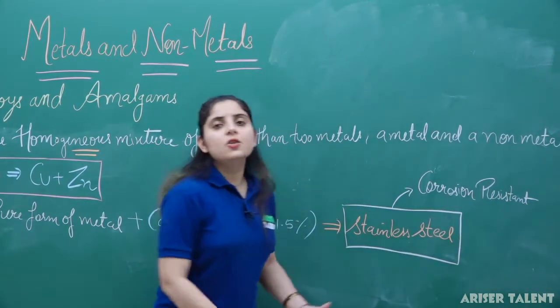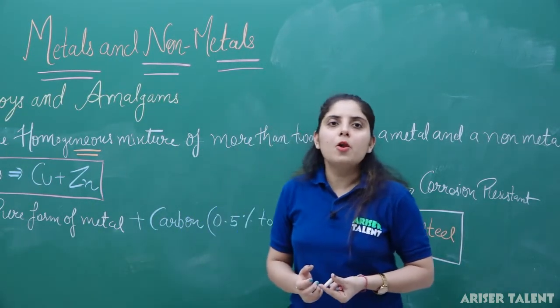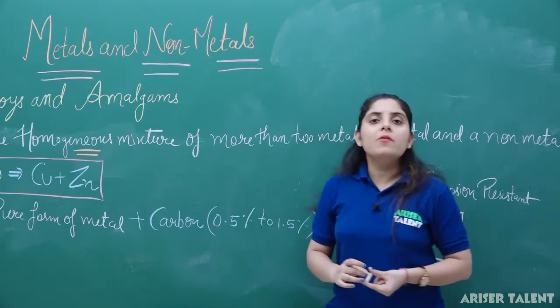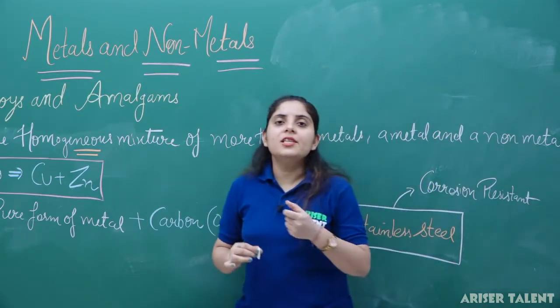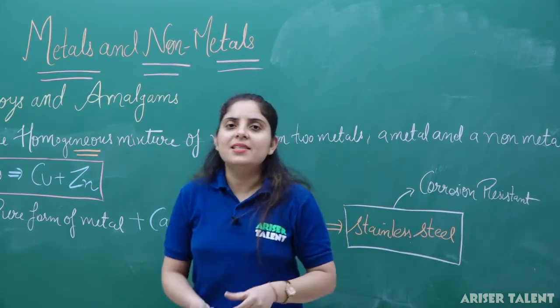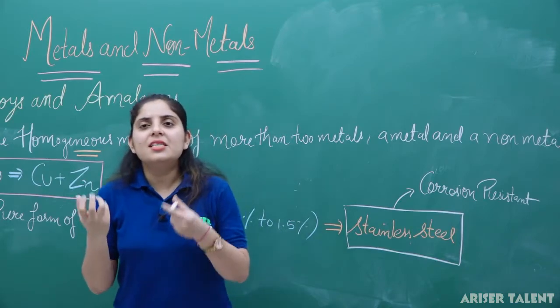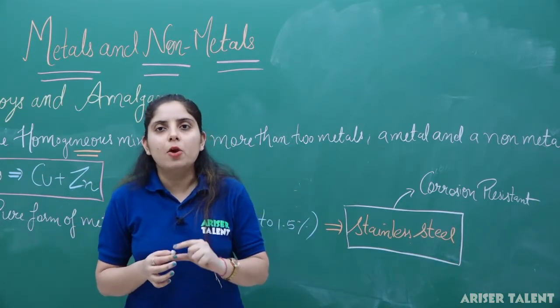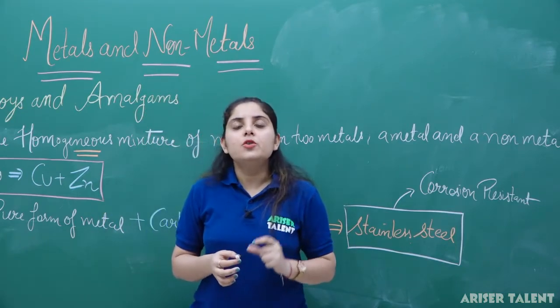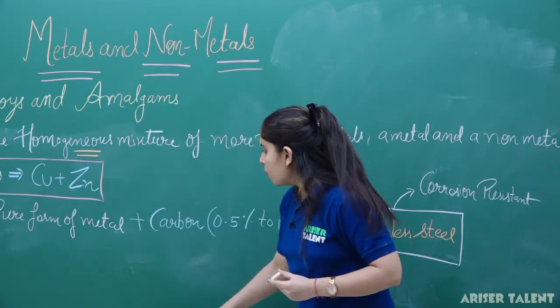So this is all about what alloys actually are, the basic example of alloy and the definition of alloy with regard to iron. Now we are going to deal with the next topic: why it is necessary to make alloys, because the metal does not have the specific characteristics to perform its function, so it is necessary to make an alloy. So what are the benefits, or what are the criteria, of making alloys? We are going to deal with it now.